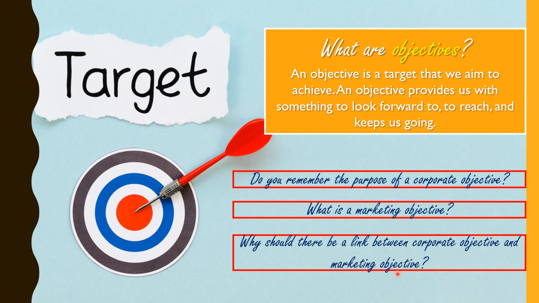Therefore, yes, there has to be a link between the corporate objective and the marketing objective because they're serving, at the end of the day, the same goal, but through different means by different departments. Okay, let's move on to give you a better understanding.